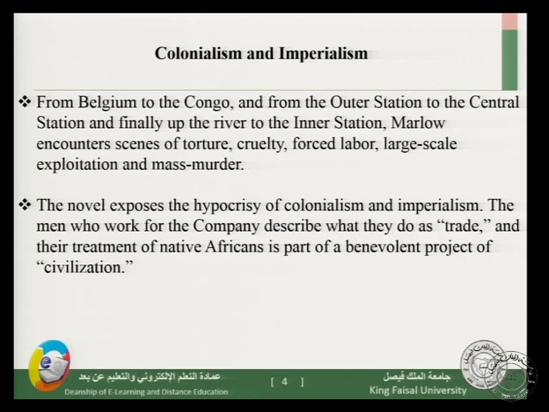Marlowe set himself to go on a voyage to get enlightened, to help spread enlightened civilization to Africa. You notice even at the beginning of the novel, there is a sunset and it's beautiful and there are lights, but by the end of the novel, when we go back to the Nelly, where the five gentlemen are sitting and discussing, it is already dark and gloomy and brooding.